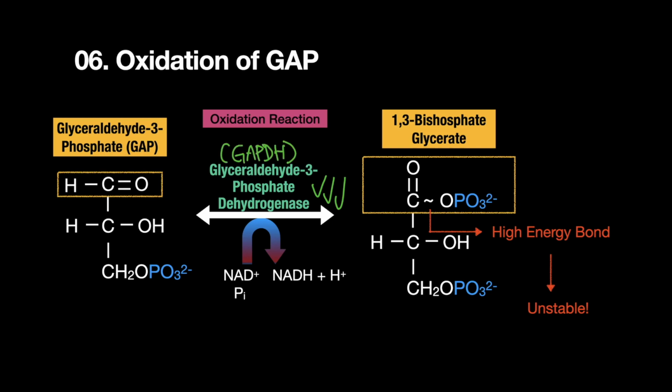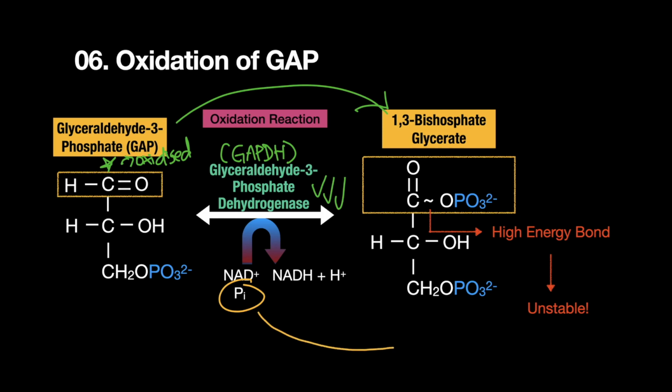The aldehyde groups of the triose sugars in GAP are oxidized and inorganic phosphate is added to them, forming 1,3-bisphosphate glycerate. This step is necessary because it helps with the generation of reducing equivalents NADH from NAD+, and GAP gains a phosphate group to the first carbon.